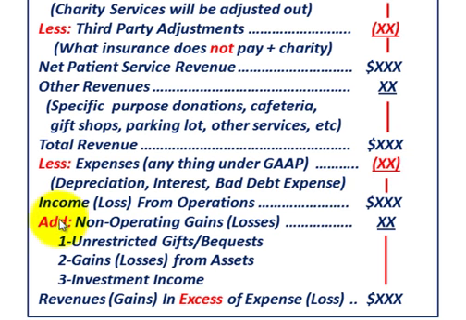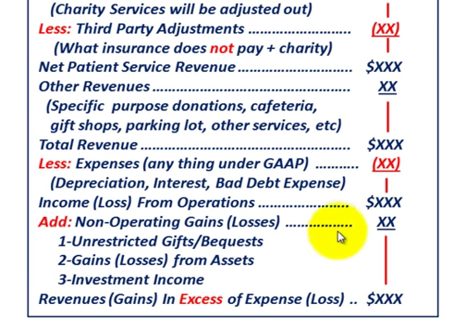Now this is where you add any non-operating gains and losses to your income or loss from operations. Non-operating gains or losses would be unrestricted gifts or bequests made to the hospital. Any gains or losses from the assets themselves would have to be included, and then any investment income would also be included under non-operating gains or losses.